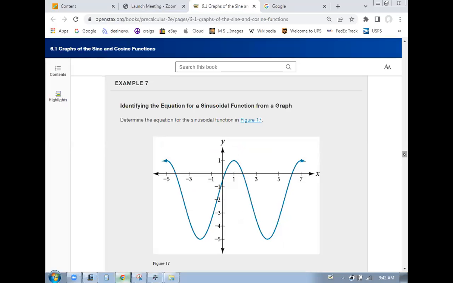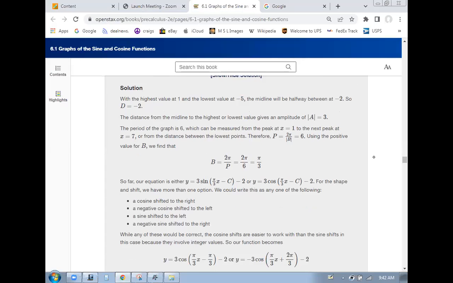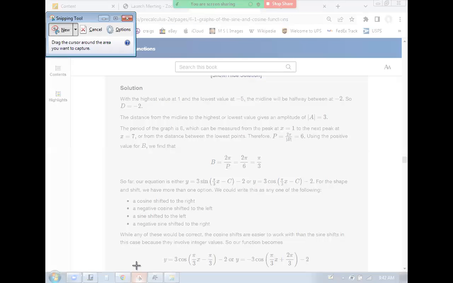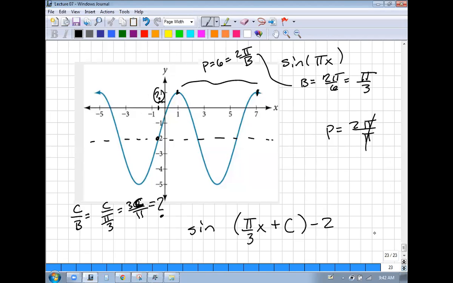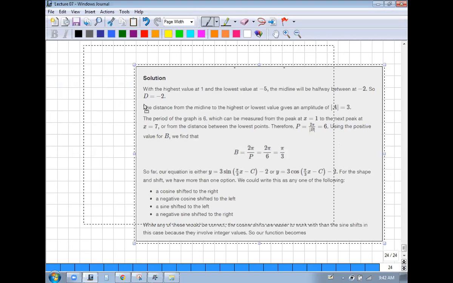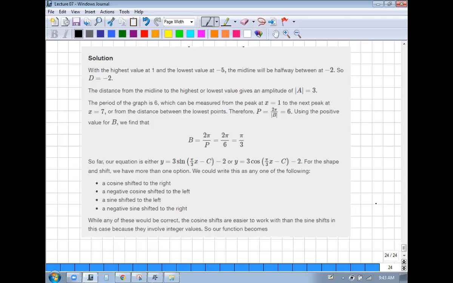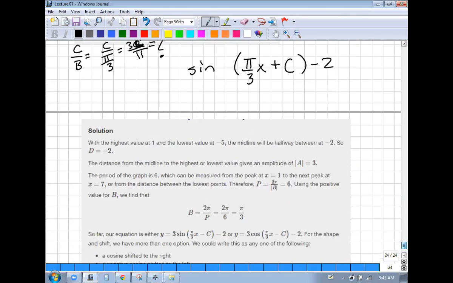Let's see what they have in their little arsenal. So this is like the hardest you're going to get, where you have the compression and the horizontal shift. Those are the hardest ones to do. So they modeled it as a cosine instead of a sine. We saw that it was shifted down by 2. We got that.